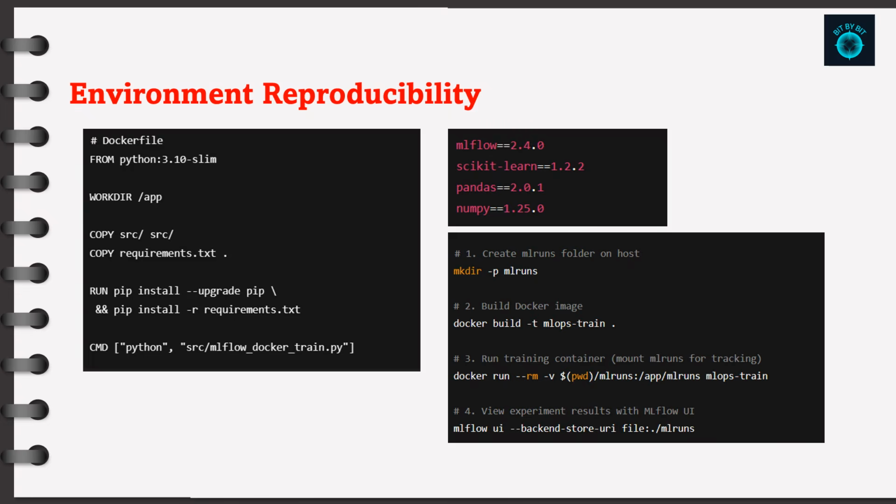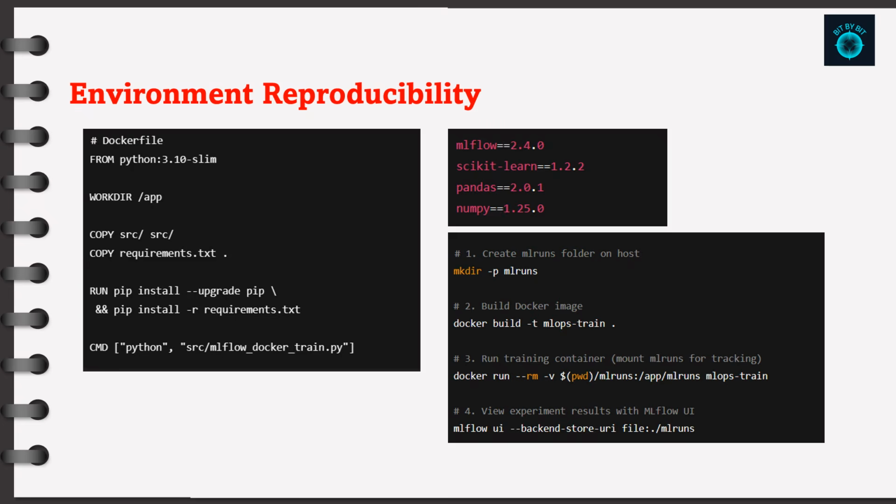Finally, launch the MLflow interface with mlflow ui --backend-store-uri file:./mlruns. This command reads the same folder we mounted earlier, allowing you to browse the run results directly in your browser.